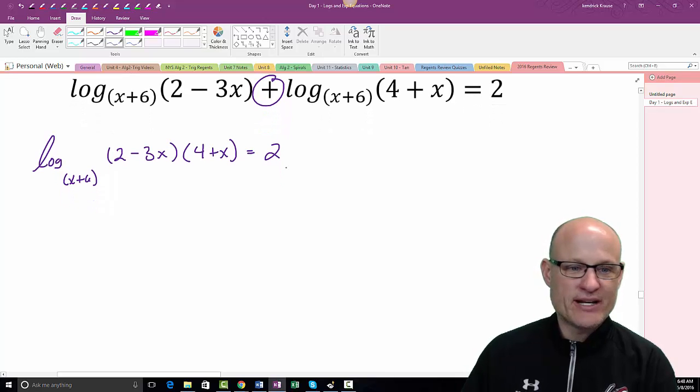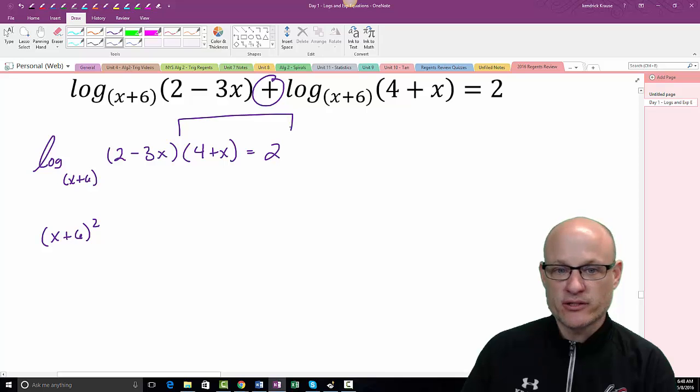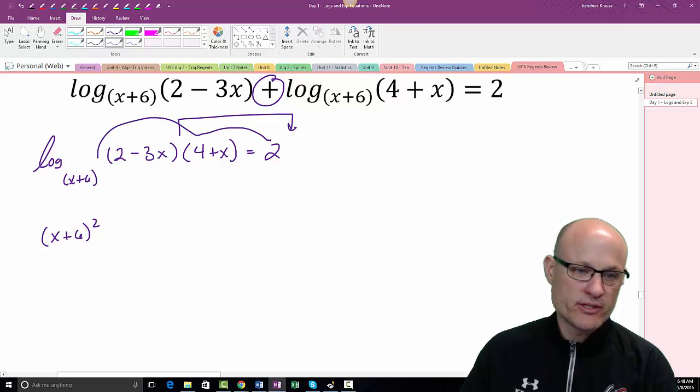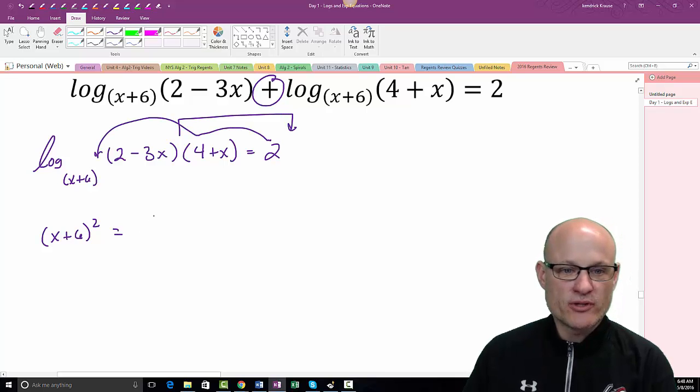Now you've got to convert it into an exponential. So it's all about that base. So x plus 6 squared, this goes over here, equals 2 minus 3x times 4 plus x.